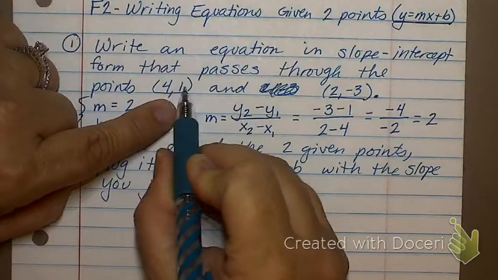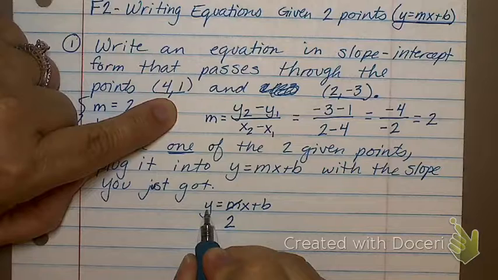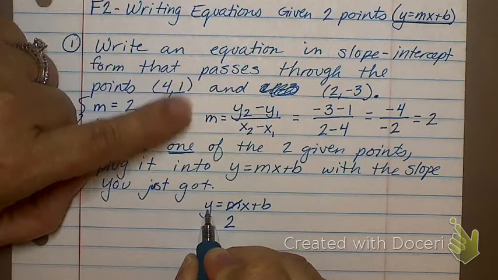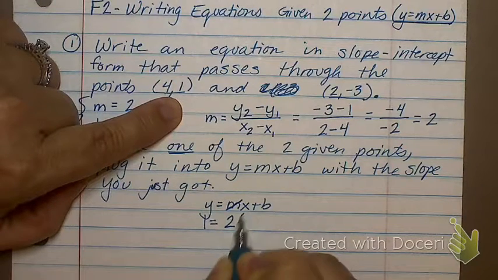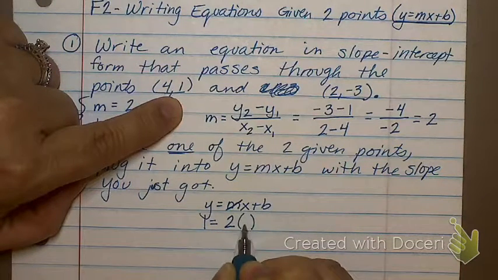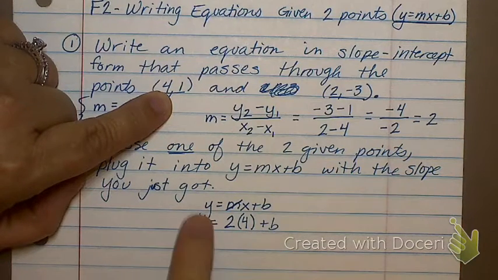Within this point, I have an x and I have a y. So what do you think I'm going to use instead of y, if I'm picking this point? 1. What do you think I'm going to use instead of x? 4. So what did I do?